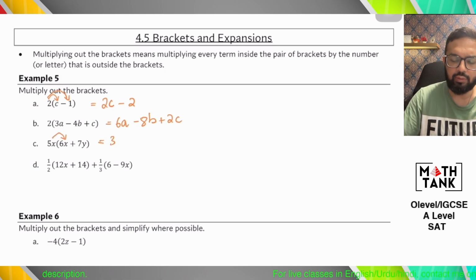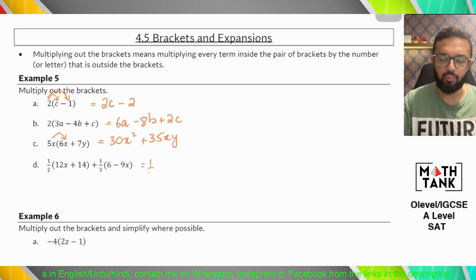5x into 6x gives me 30x squared plus 35xy. Then half of 12x plus 14.